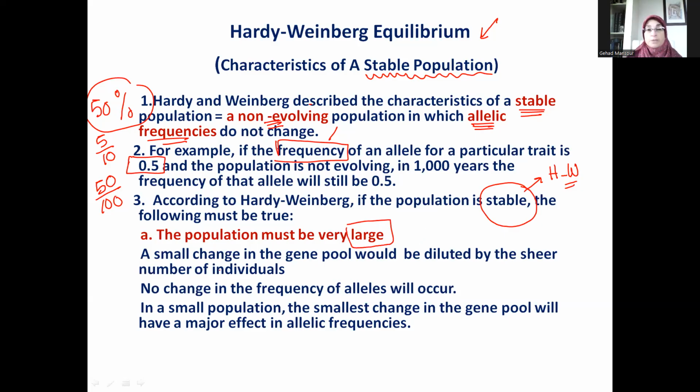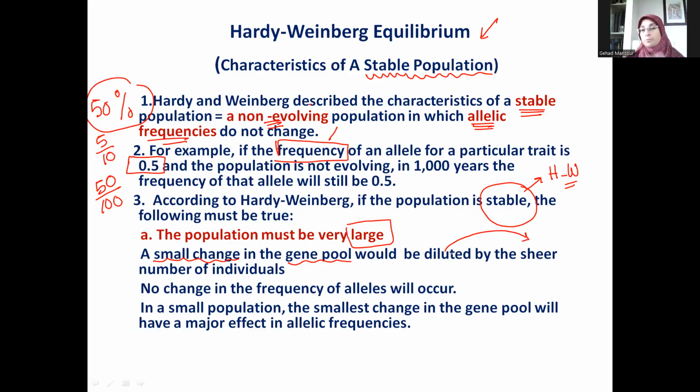Why? Because even when a small change will occur in that population, in the frequency of alleles or in the gene pool, from now on, when we say a change in the gene pool, we mean a change in the allele frequency, then this will be diluted by the sheer number of individuals.